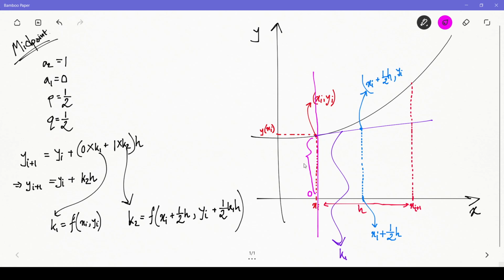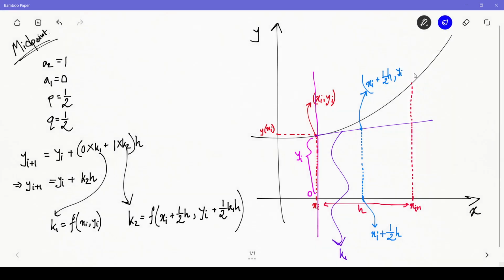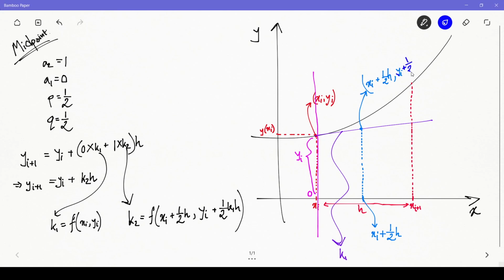So it is yi plus the y-intercept plus the slope k1, so it will look like this: yi plus half times k1 times h, because h is our x value in the context of this part over here.